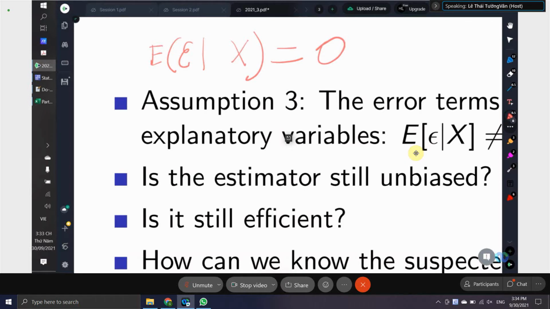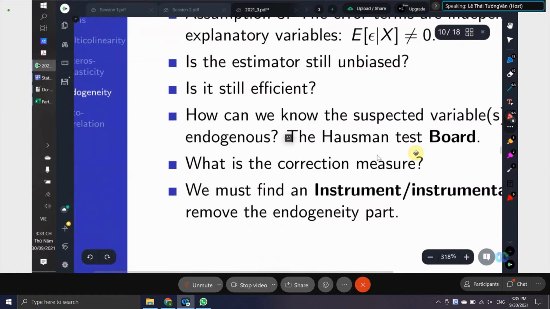We cannot say anything about how large or small the realization of the error term is. The only thing we know is that it has a mean 0 and a variance sigma square.